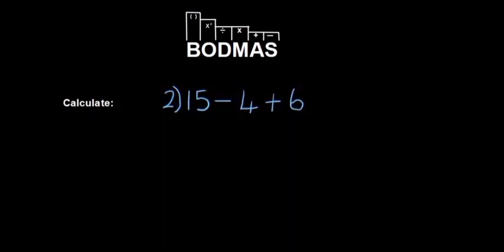In this problem, we have subtraction and addition. So because subtraction and addition are same level operations, we're gonna work from left to right. So that means we're gonna subtract first. So we'll subtract a 4 from a 15 to get 11.